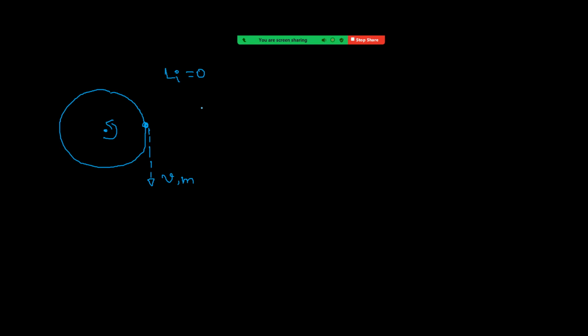If we take anti-clockwise as positive, then 0 equals (I plus M r square, the moment of inertia of the platform plus kid) into omega. We have taken anti-clockwise as positive, right? Next, m v r is negative, minus m v r, equal to 0. Then we get the value of omega, right?